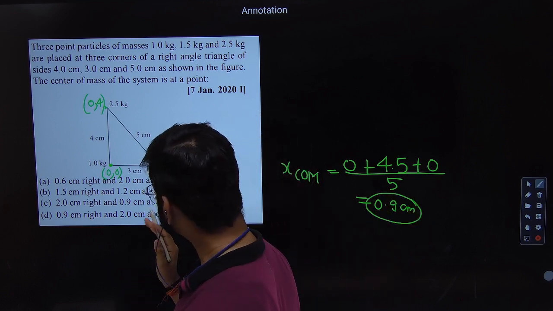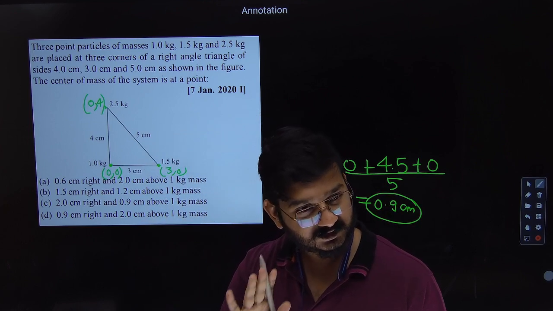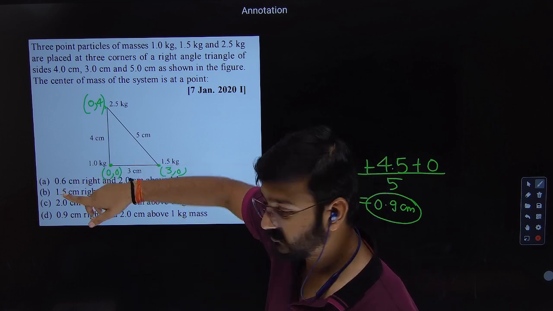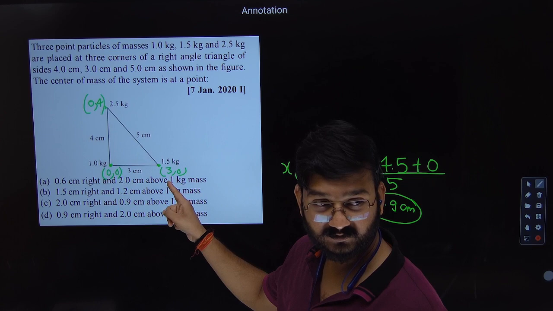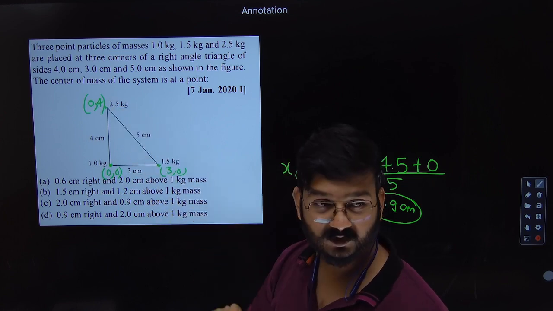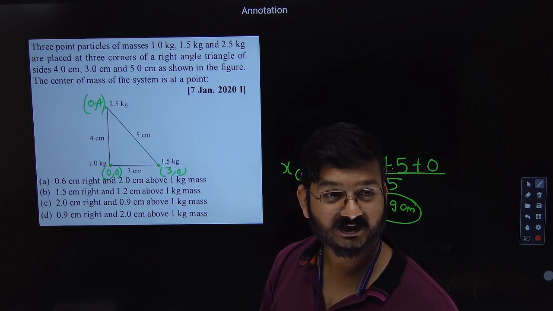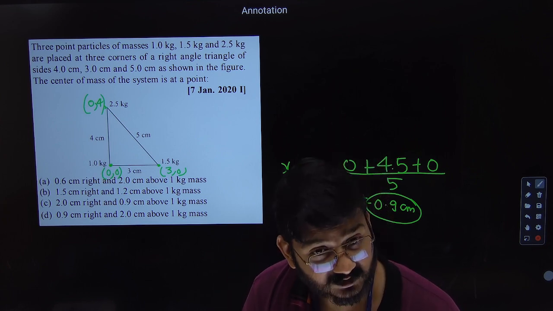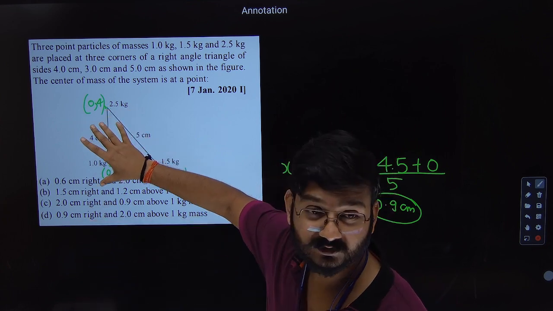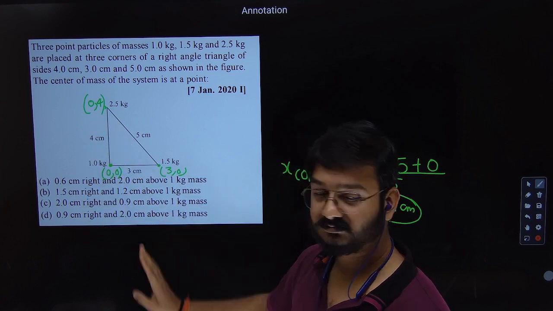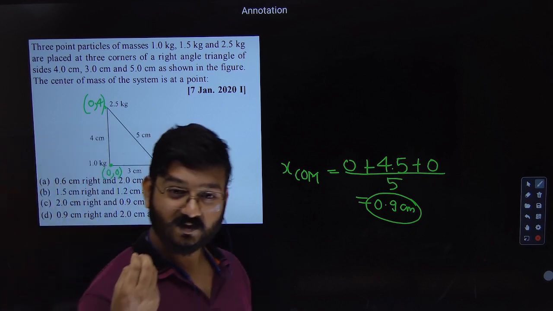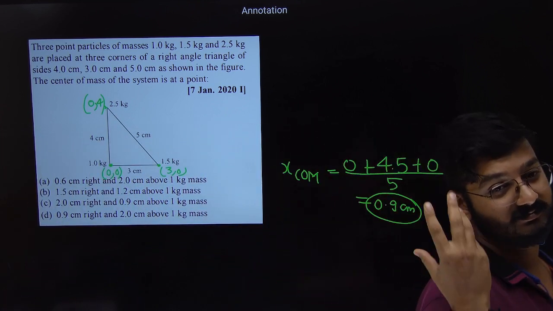Now, see, for the Y coordinate you don't have to do the calculation. What is the mass at the bottom? 2.5. What is the mass on the top? So where should the center of mass be? At the center. What will be the center of 4? Observation, common sense saves your time.